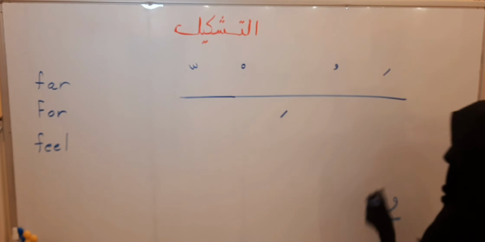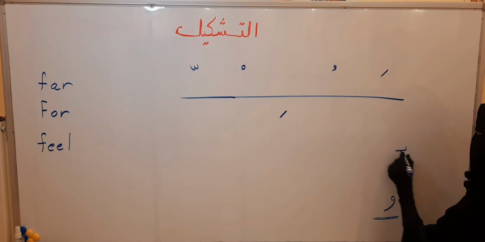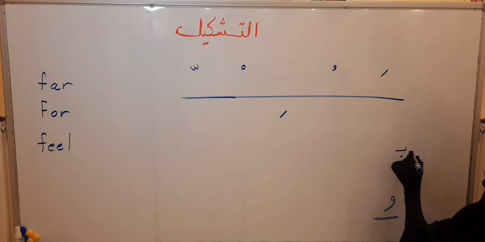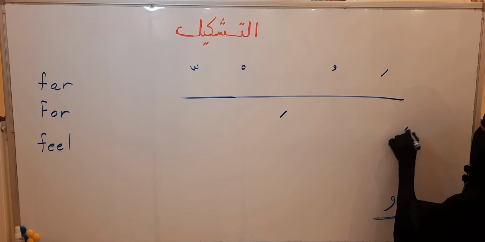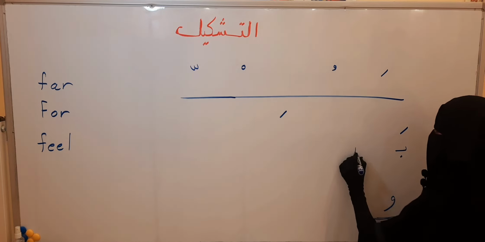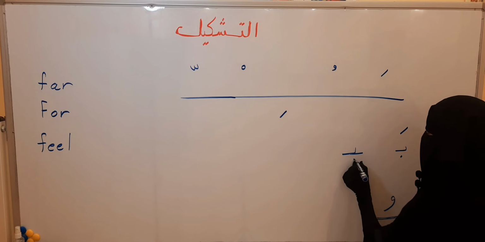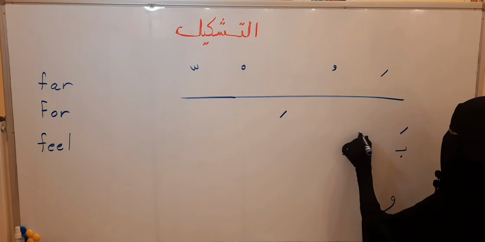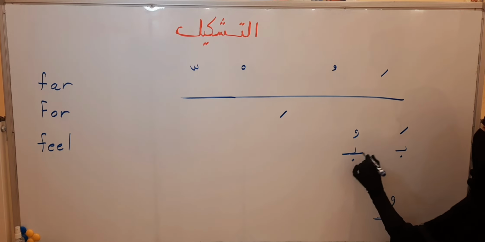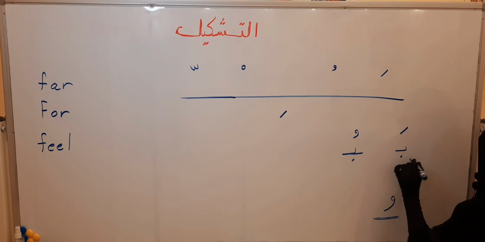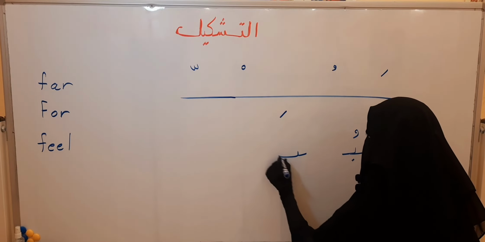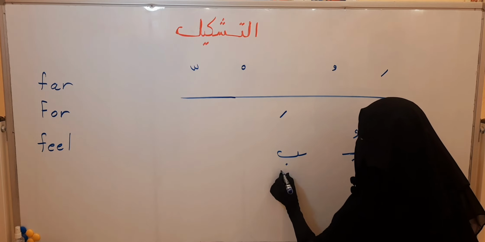Let's see an example. This is ba at the first of the word. If I use it with fatha, ba. This is ba in the middle of the word. Let's say u, bu. Ba. Al-kasra, let's say ba at the last of the word, bi.